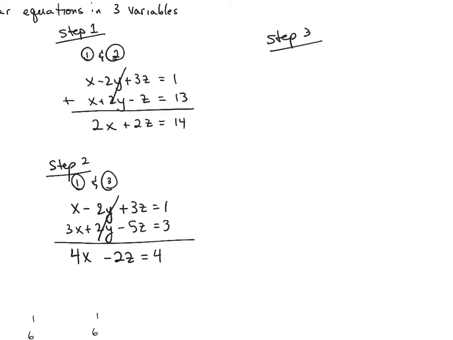You combine the result from step 1 and the result from step 2 into a new system of equations with one less variable. And then you solve this system of equations with two variables, like how we solved them in lesson 5.1 using elimination or substitution.